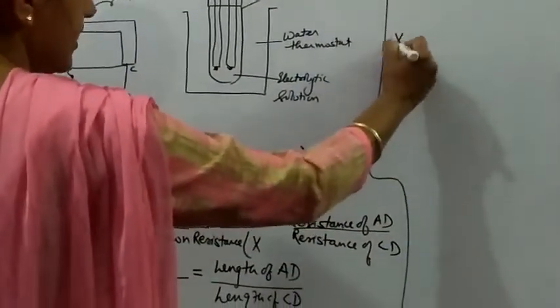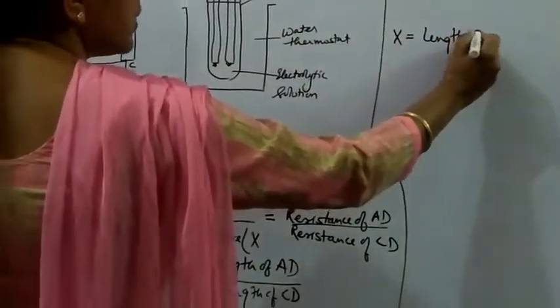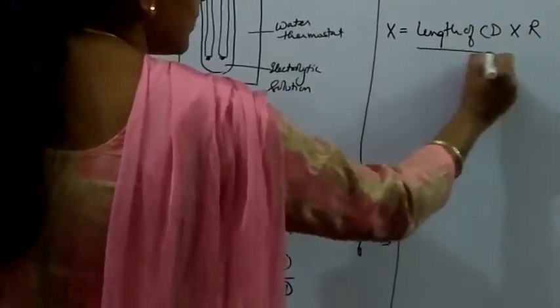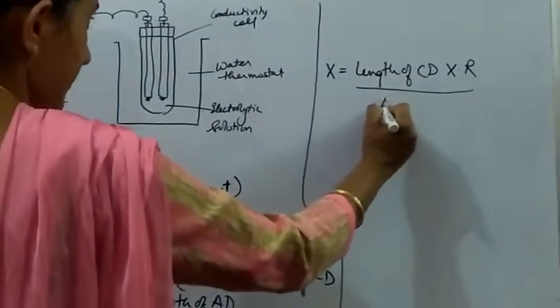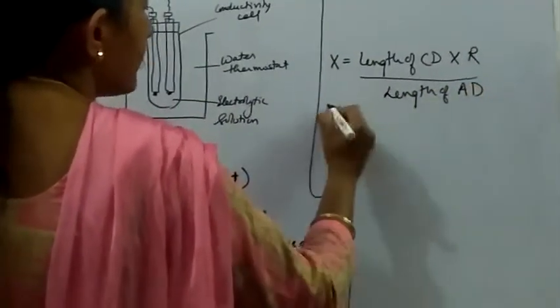So from here we can find out X. It will be length of CD into R upon length of AD.